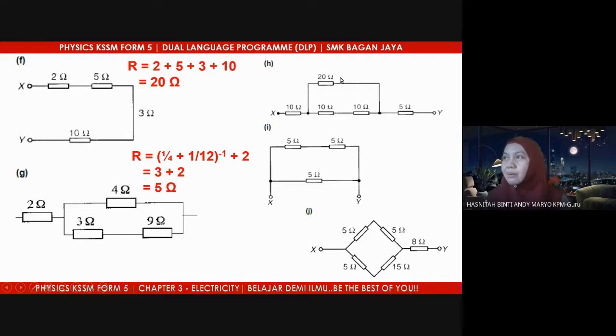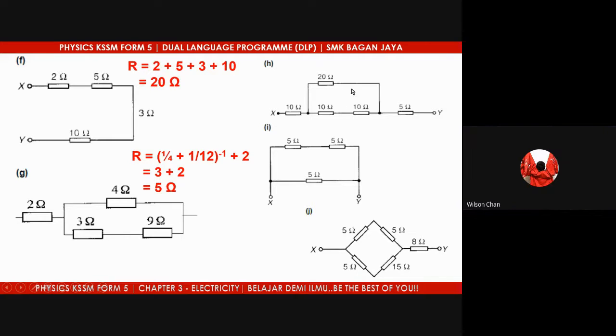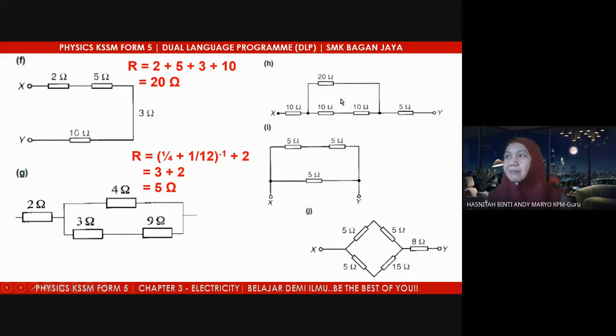So 20 above and 20 below are in parallel, divided by 2. So this junction is 10 ohm. So 10 plus 10 plus 5 supposed to give you 25. Ya, kalau you sudah mahir tak perlu pakai calculator pun. Tengok saja sudah boleh baca.